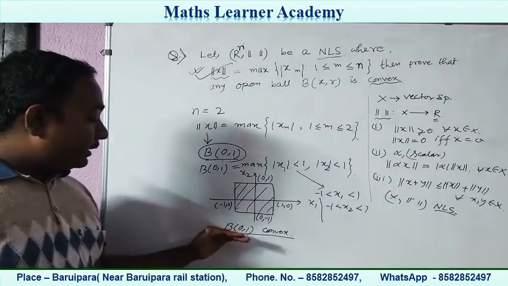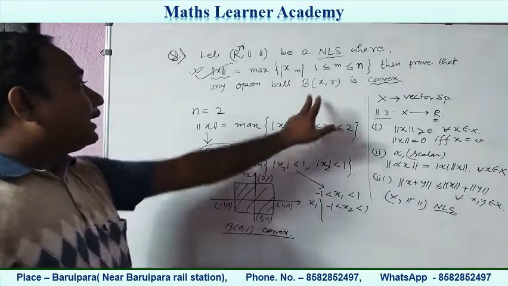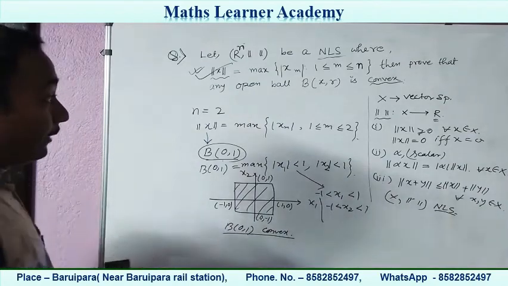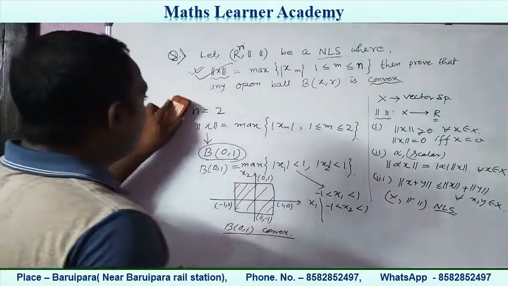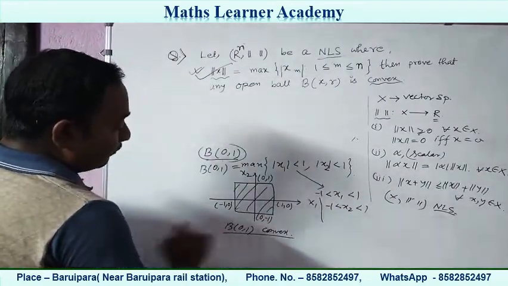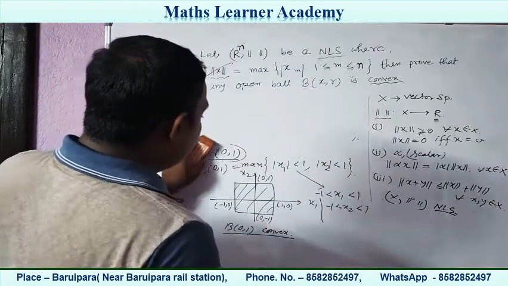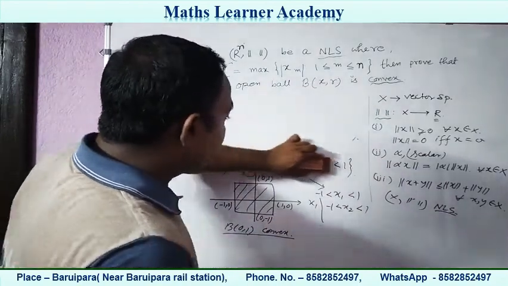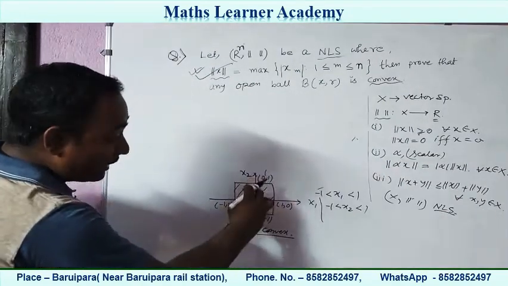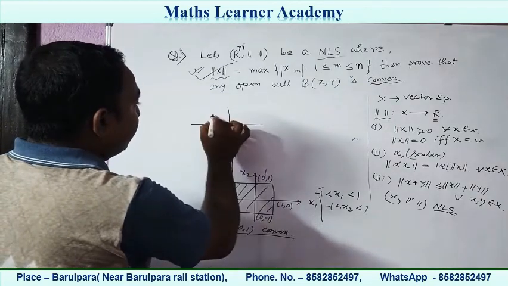Now since this B(0,1) is convex, we can conclude that B(x,r), the open ball, will be convex. Now why? Because just look at this. This is our B(0,1) ball. Now contract this ball, right? Contracting this, the figure will be this.